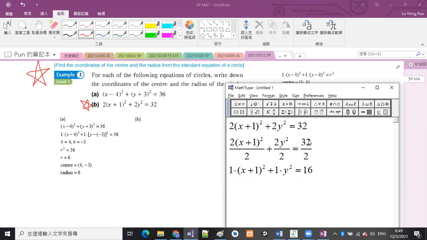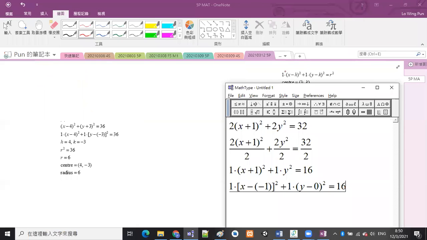But it is not x minus inside the bracket. And it is not y minus inside the bracket. So we need to do one more step. It's 1 times. This becomes (x minus negative 1) squared. Okay? Plus 1 times. So what is y? Y can be written as (y minus 0) squared, is equal to 16. Can you get this? So now it matches with the formula.